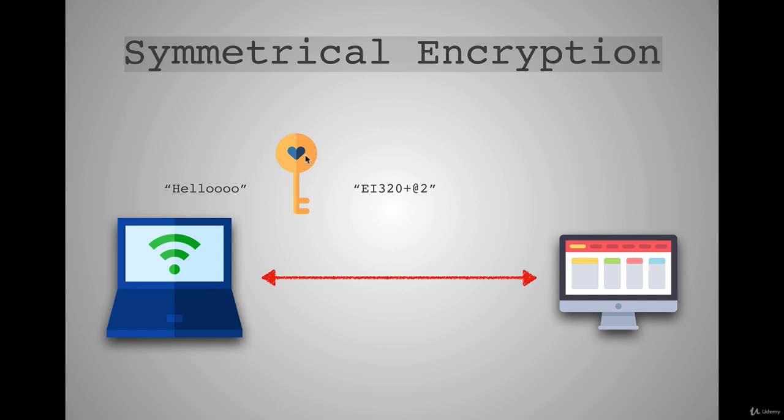And as long as my friend or my other computer has the same key, I can use this to decrypt it and get hello. And whoever is in the middle here, whoever is in the public reading our message, won't understand what we're saying to each other because they don't have this key.